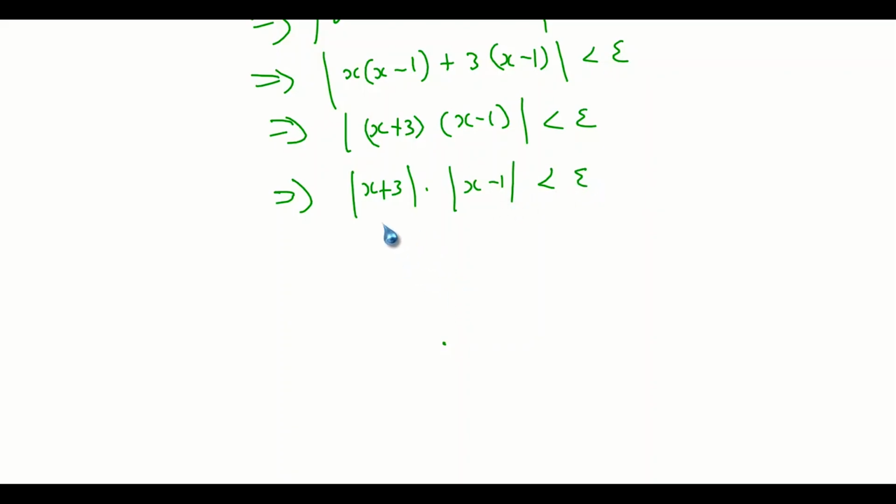If you observe very well, you see that this is very close to what we did under the linear function. The only difference here is that we don't have a constant, so we cannot divide both sides by the absolute value of x plus 3. We can't do that, because our delta will depend on x, and we don't want that to happen.